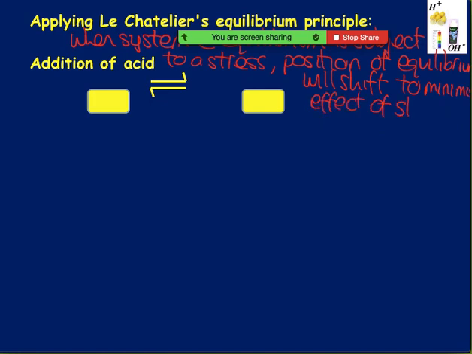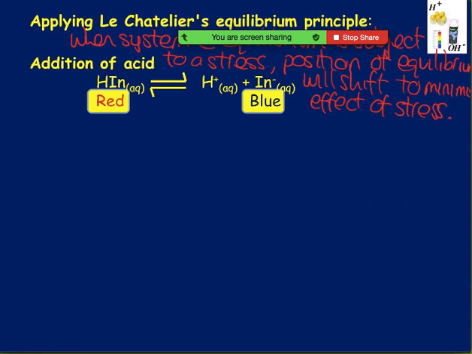Now, one thing that candidates do here is they forget that indicators can shift according to Le Chatelier. I've seen questions where people have completely skipped the fact that they were being asked to use Le Chatelier.